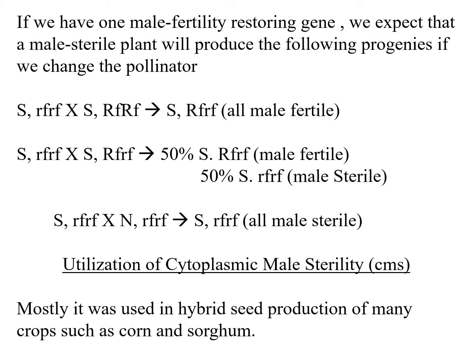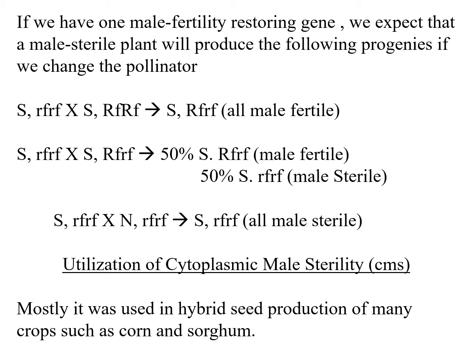While if the pollen source is heterozygous, RF capital, RF small, we are expecting to get 50% male fertile and 50% male sterile. If we cross it with normal but RF small, we are expecting to get all of it sterile cytoplasm with RF small and all male sterile. It is like any normal process.